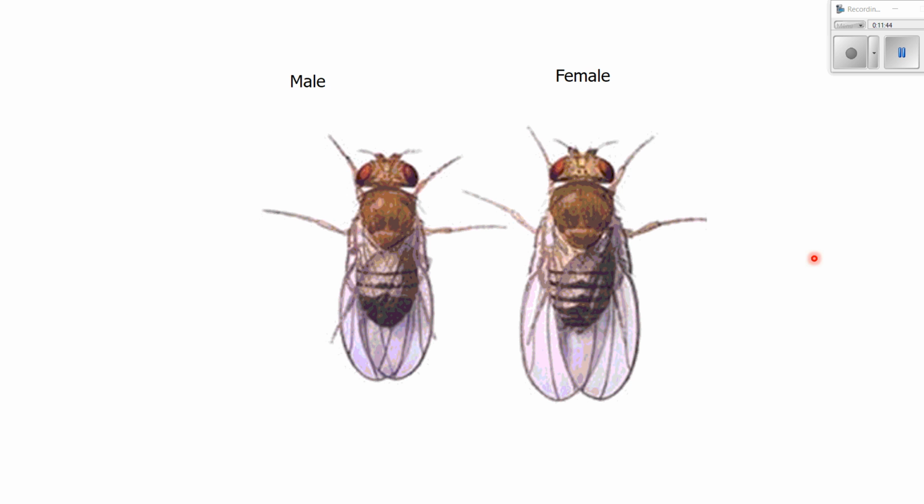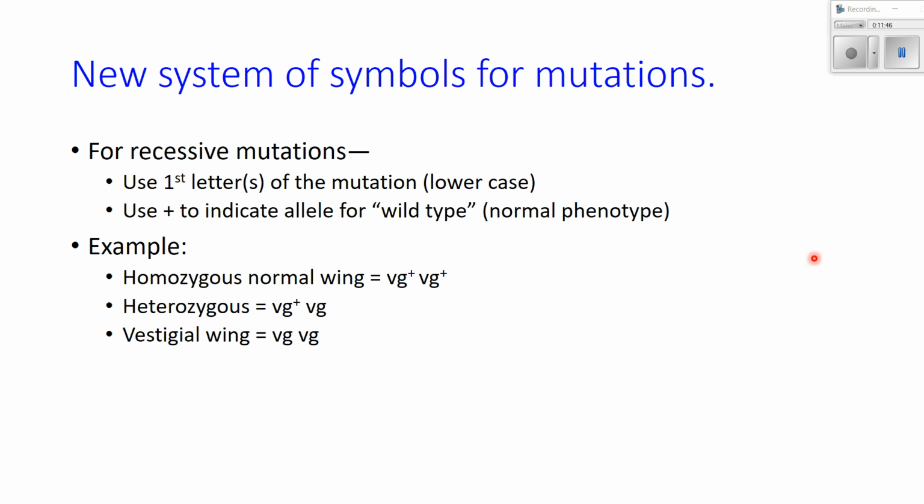Let's go ahead and talk about this, I guess. Since we're talking about the work of T.H. Morgan, it's important that you understand his system that he and his students devised for representing alleles.